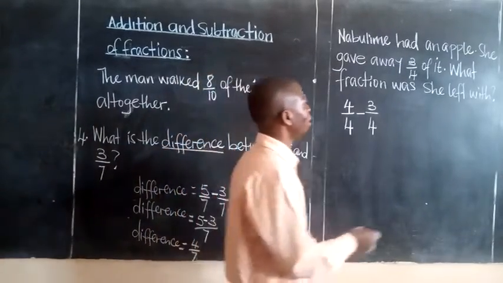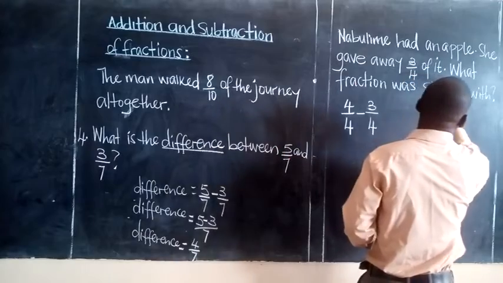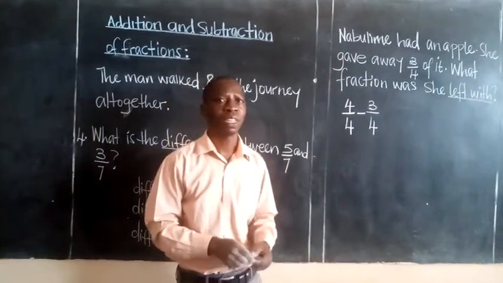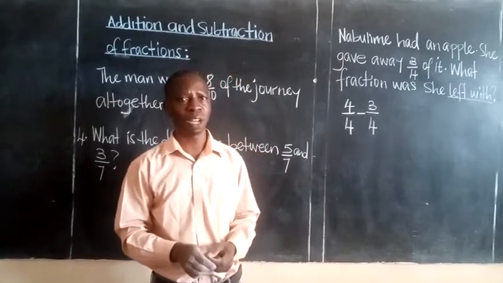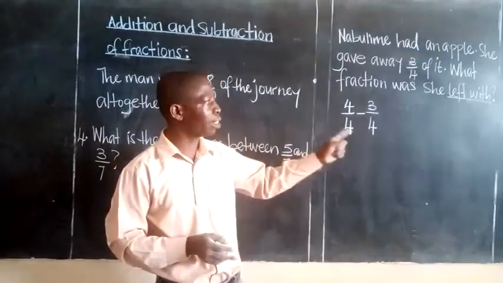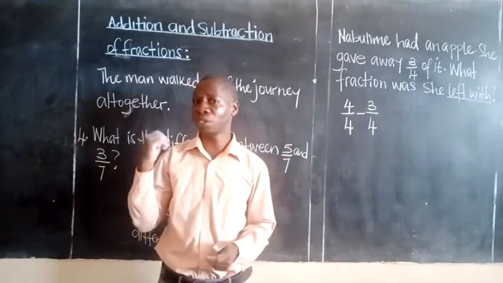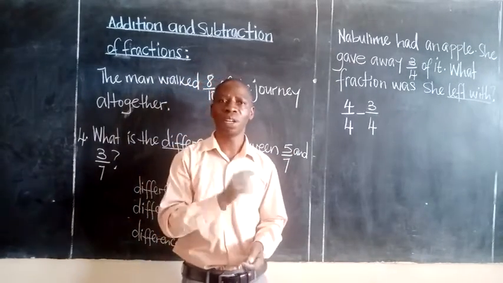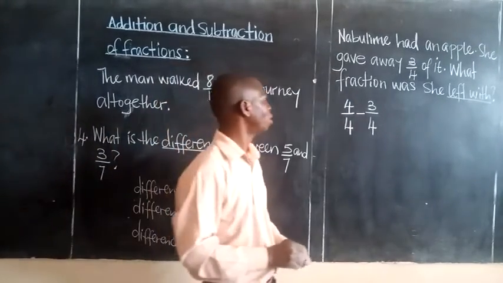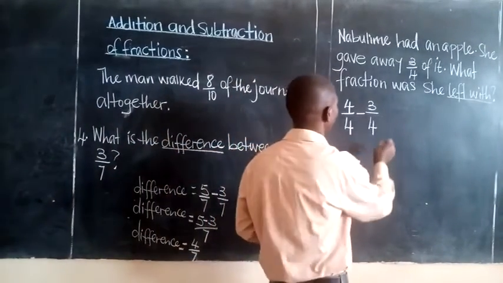Left with is the key word that determines our subtraction. So we have to subtract because of that word, left with. Left with, remained with. They carry the same meaning.